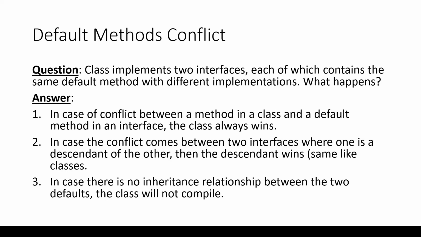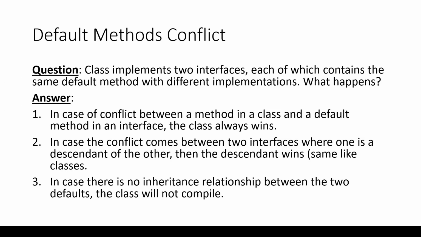In such cases, the class always wins, meaning the method implementation inside the class will get executed all the time. The second scenario is where the conflict comes between two interfaces where one is a descendant of the other. In that case, the descendant wins, same as with classes.